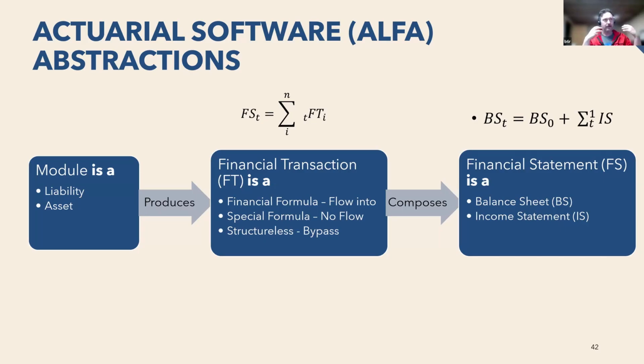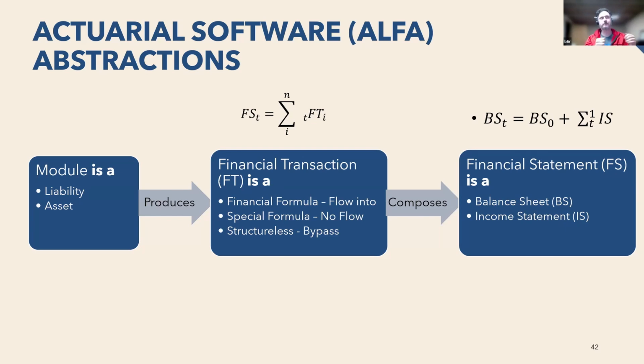But in general, this is ALFA's view, where a module is like a liability or an asset. So it is a relationship which produces a financial transaction. And there are three types of financial transaction.